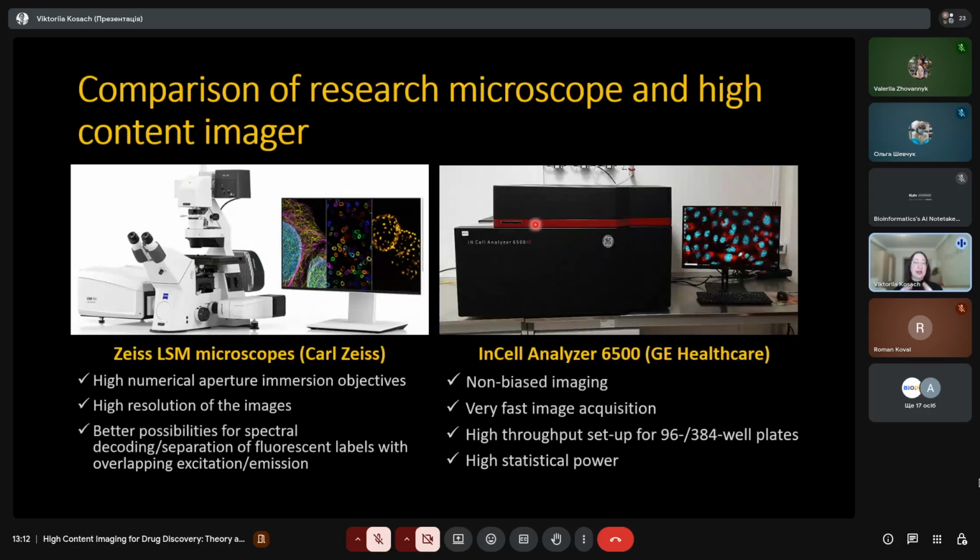These objective lenses produce a bit higher times of acquisition. So that's why engineers made objective lenses that are known as high numerical aperture, but dry air objectives. And usually these ones are the first choice for high content imaging assays.